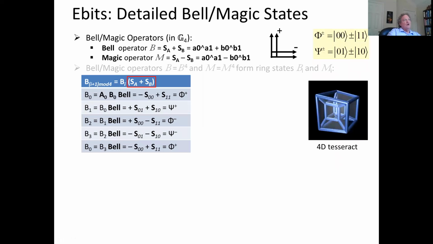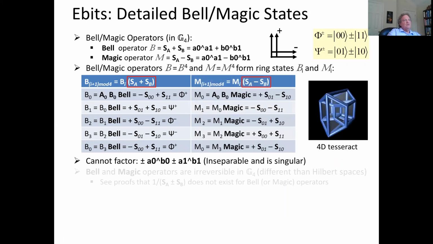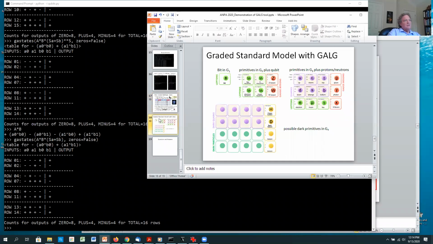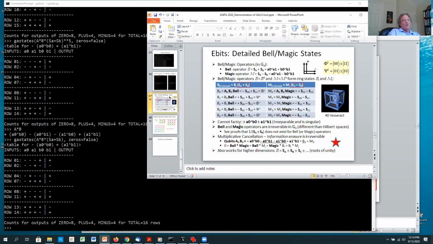And you can show that, I think I already showed you this, the Bell and magic operators. Yeah. So the point is these Bell operators and magic operators, you can't factor them. They're separate, they're singular.